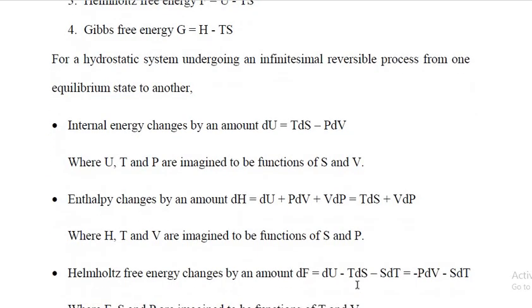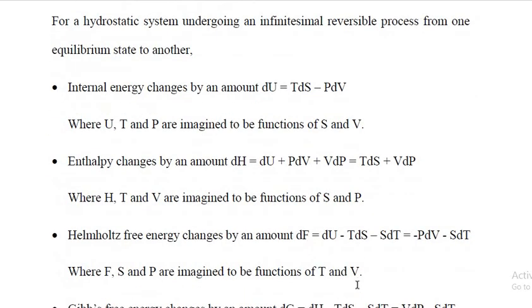Next, Helmholtz free energy changes by an amount dF is equal to dU minus TdS minus SdT. So you can refer to the previous steps. You can go to Helmholtz free energy and you can check it out. Your final equation is minus PdV minus SdT.